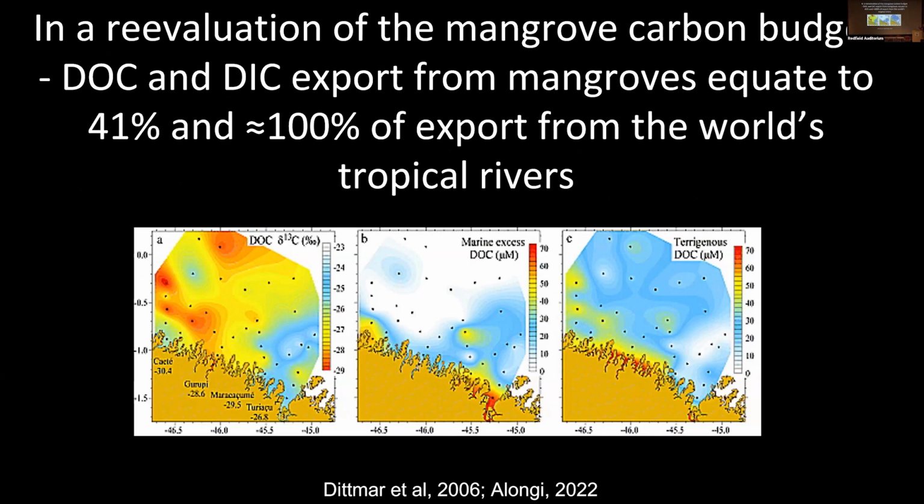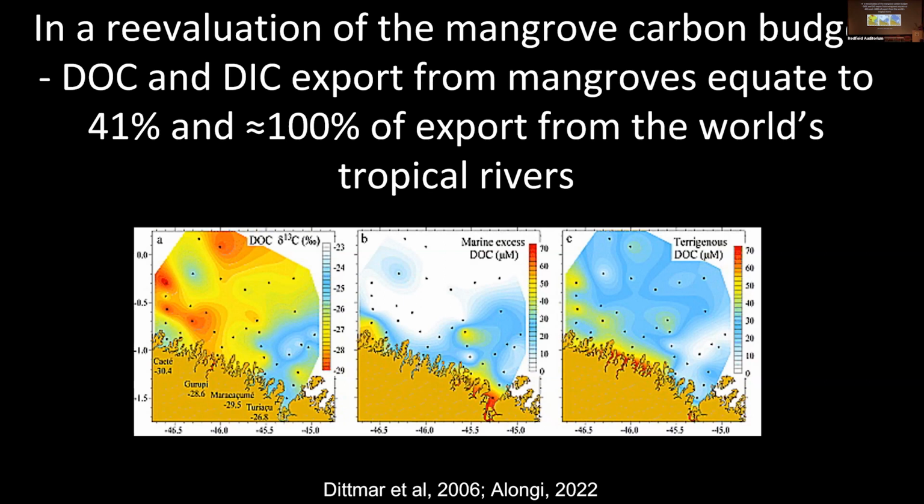So recently, there had been this missing carbon value within mangrove systems, and there's been a reanalysis of the mangrove carbon budget. What's been shown from that is that DOC and DIC export has been a major contribution, which was that missing carbon piece in the budget.